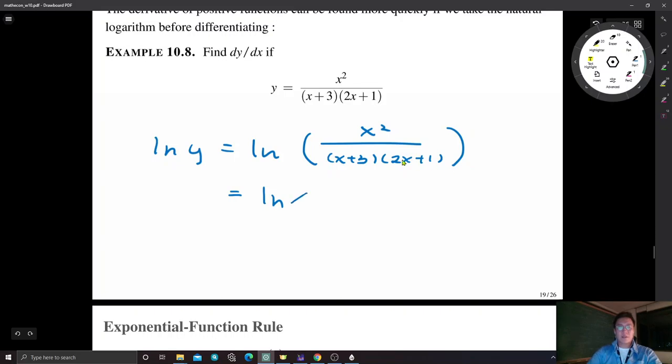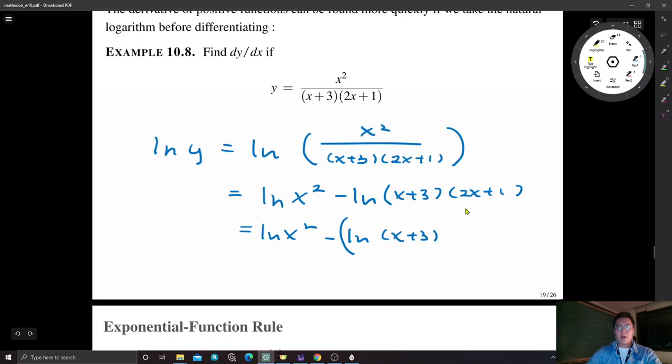So ln x squared minus ln of the bottom, and using the product rule of the natural logarithm, product becomes addition, so minus ln x plus 3 and plus ln 2x plus 1.